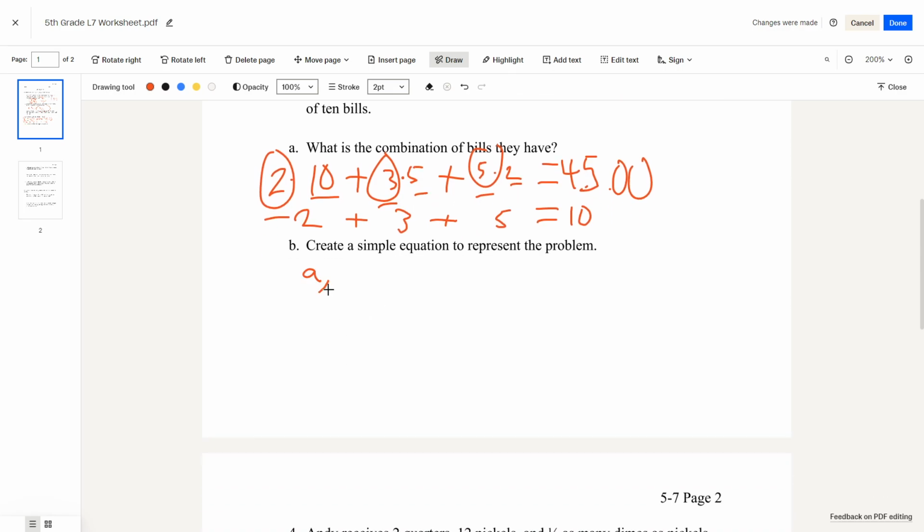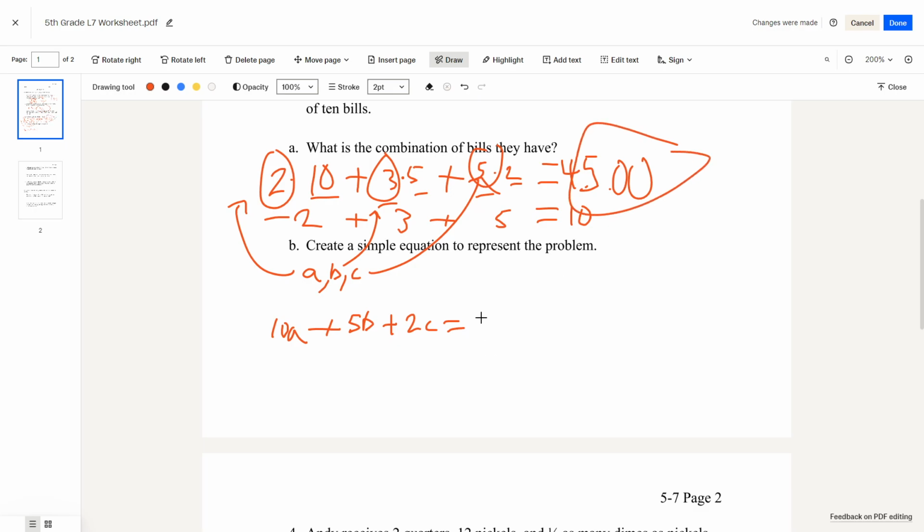So let's use A, B, and C. So here, 2 times 10, if we substitute 2 for A, then we could say 10A plus 3 times 5, substitute 3 for B, 5B, plus 5 times 2, substitute 5 for C, and we can have 2C equals 45.